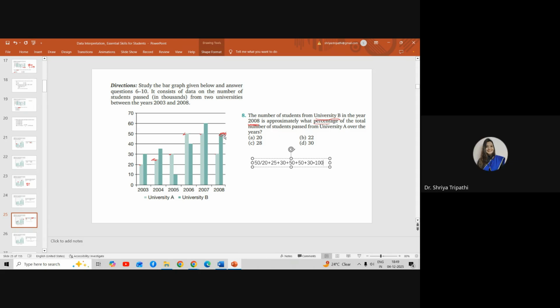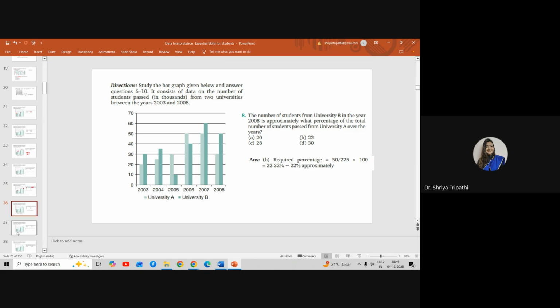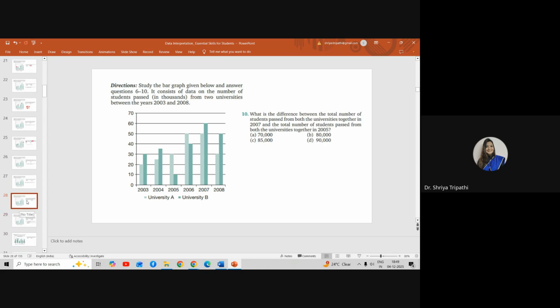Right. 105. Okay. The next up we have, what is the ratio between the number of students passed in the years 2007? Sorry. Okay. What is the difference between the total number of students passed from both the universities together in 2007 and the total number of students passed from both the universities together in 2005?